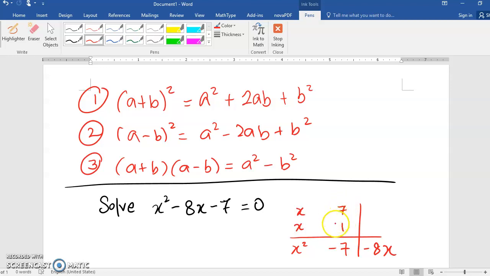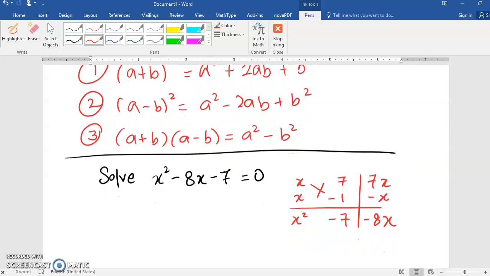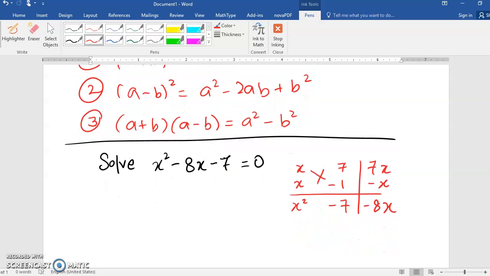But the negative can only belong to one of them. So let's say it belongs to this one. Negative x here and 7x here, but these two do not add up to negative 8x. If I put the negative sign at the 7 over here, it will still be negative 7x plus x, which still will not give me negative 8x. So basically, this cannot be factorized.